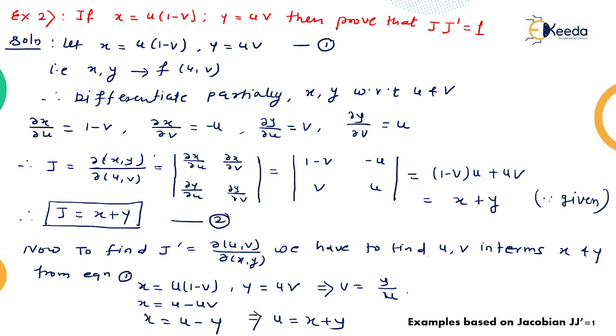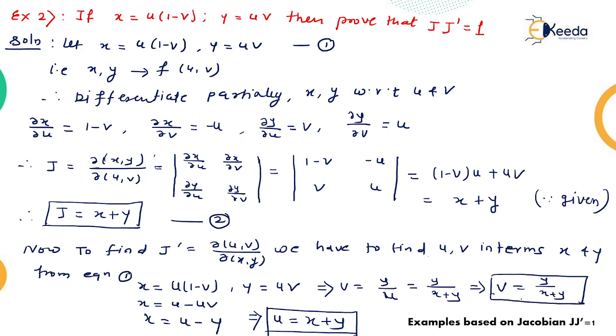Y by u means y divided by the value of u. U is nothing but x plus y. So you have to observe what is the value of u and what is the value of v. V is nothing but y upon x plus y. I hope you understand what the values of u and v are.